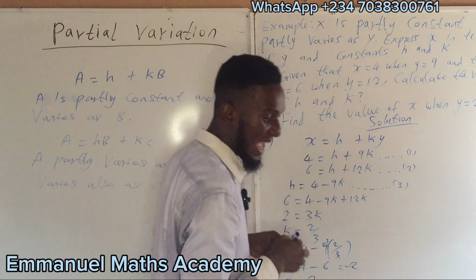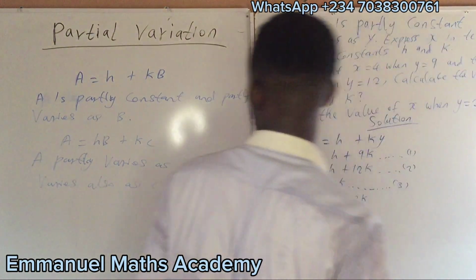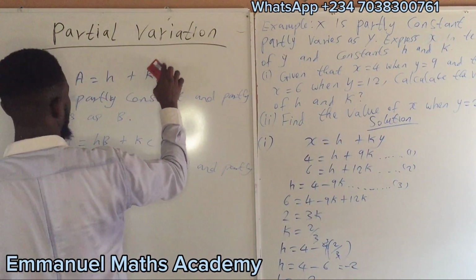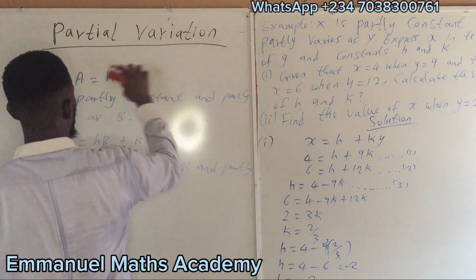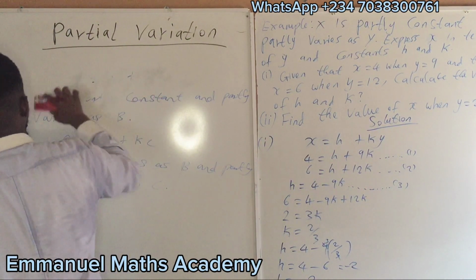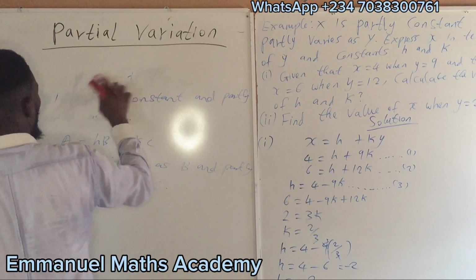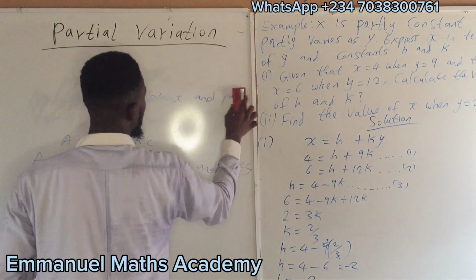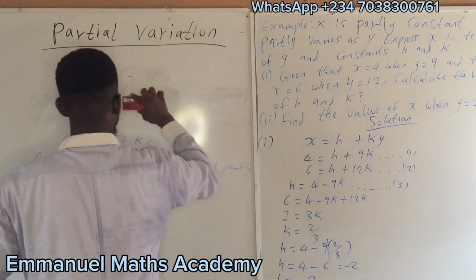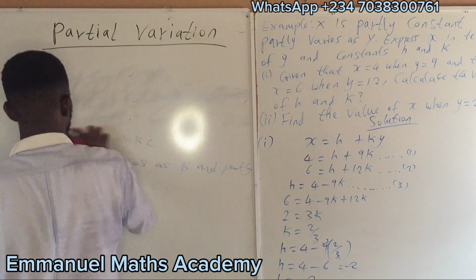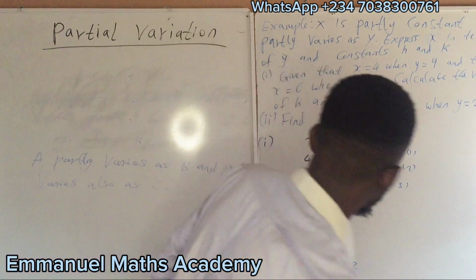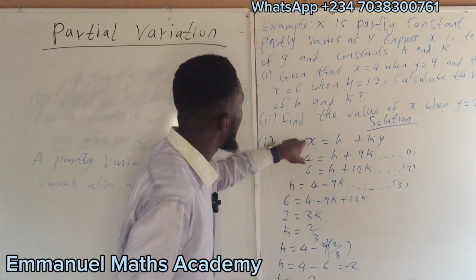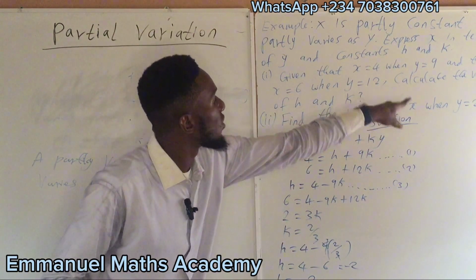Now the second part says, find the value of X when Y is equal to 24.